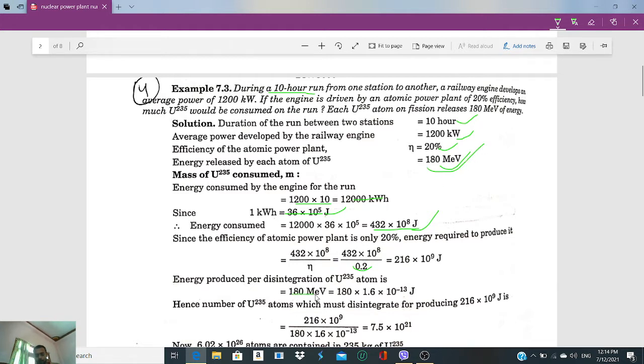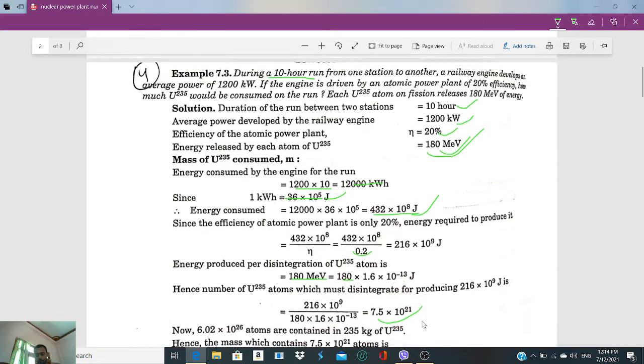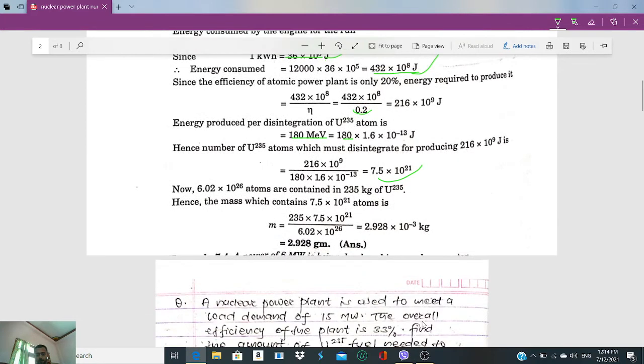So 180 MeV can be written as 180 into 1.6 into 10 power minus 13 joules. To calculate the number of uranium atoms that must disintegrate for producing 216 into 10 power 9 joule, it is 216 into 10 power 9 upon 180 into 1.6 into 10 power minus 13. So on calculating we will get 7.5 into 10 power 21.